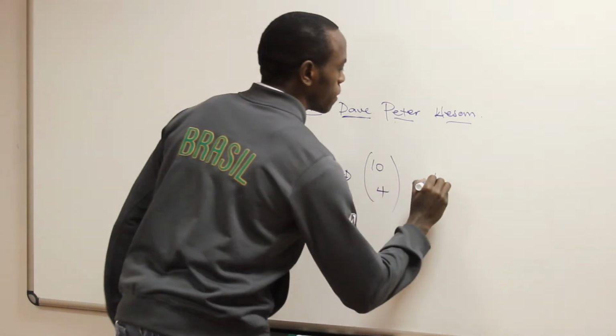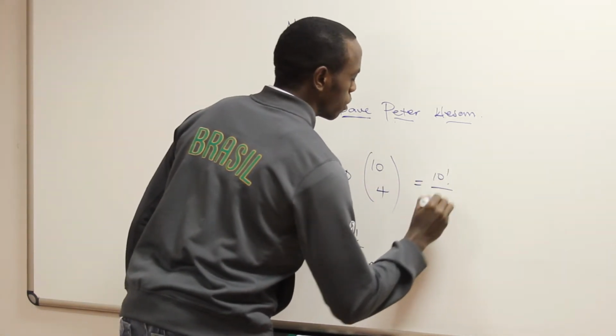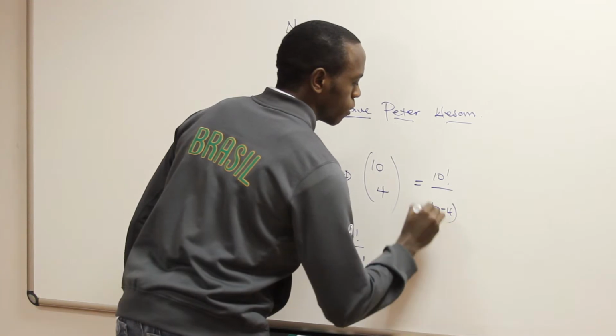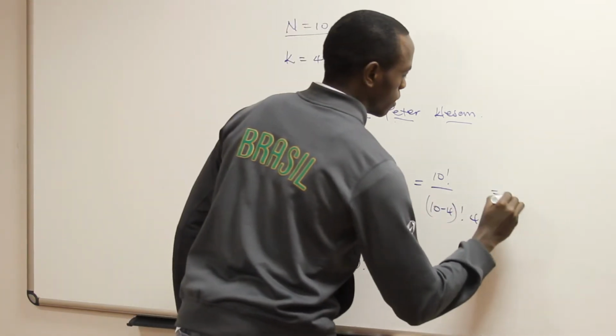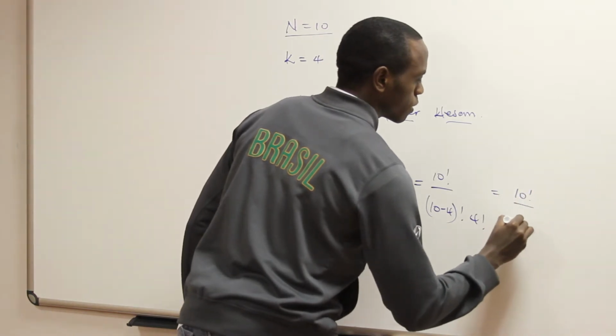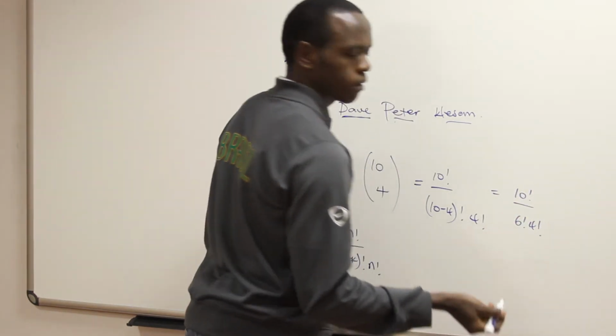So we'll have 10 factorial over 10 minus 4 factorial, times 4 factorial. And this is going to give us 10 factorial over 6 factorial, 4 factorial.